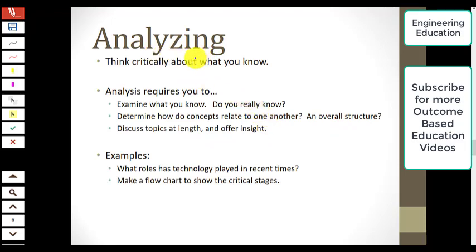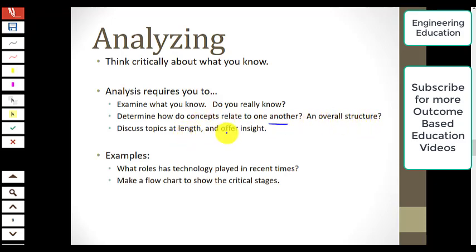Fourth is analyzing. Think critically about what you know. Analysis requires you to examine what you know. Do you really know? Or to determine how concepts relate to one another, or an overall structure.